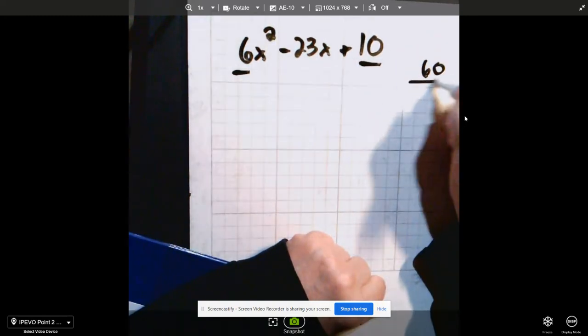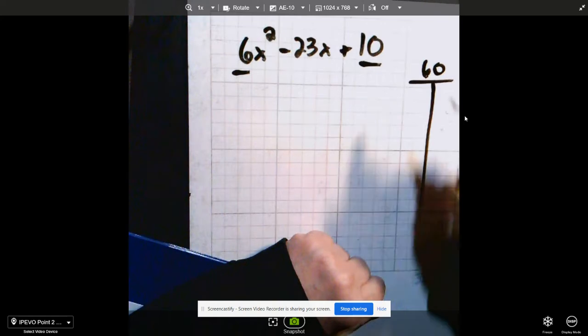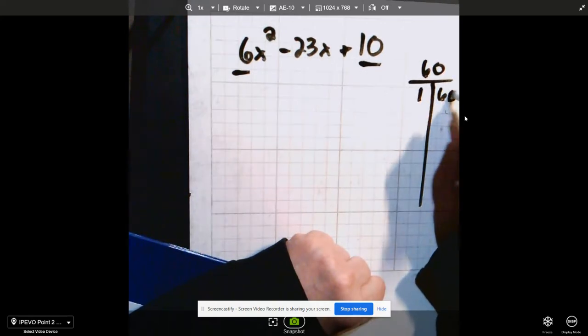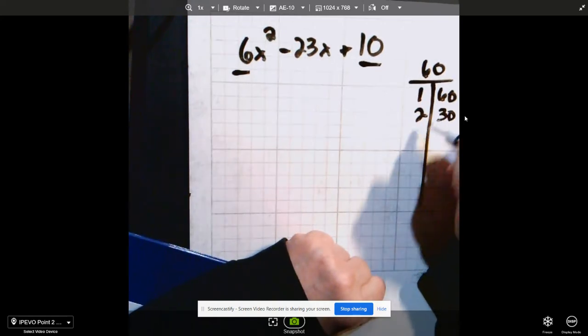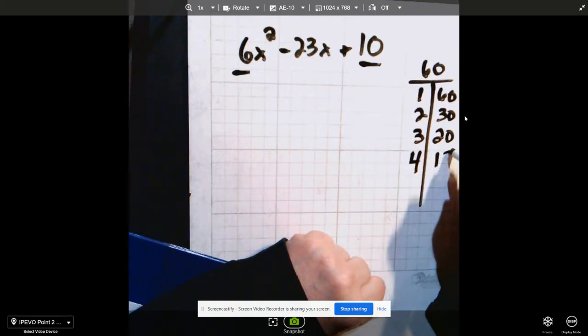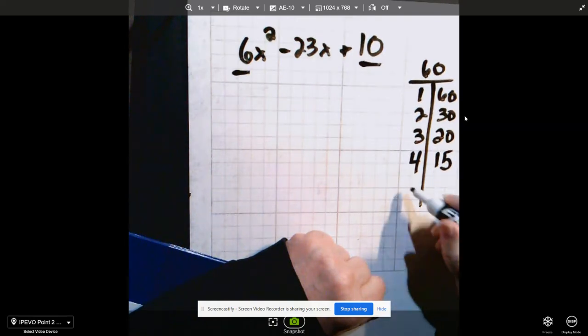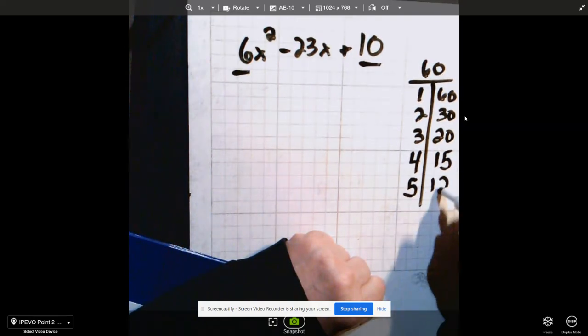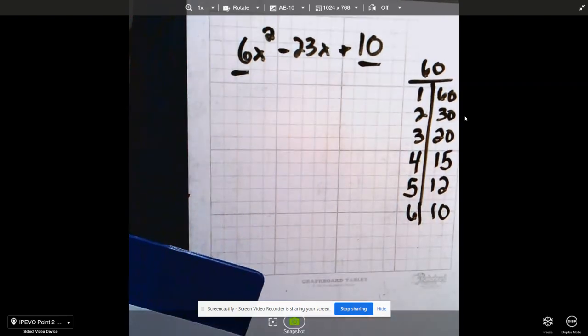You get 60. You can write down all the factors of 60 you can think of: 1 and 60, 2 and 30, 3 and 20, 4 and 15, 5 and 12, 6 and 10. I think we've got a good list there.